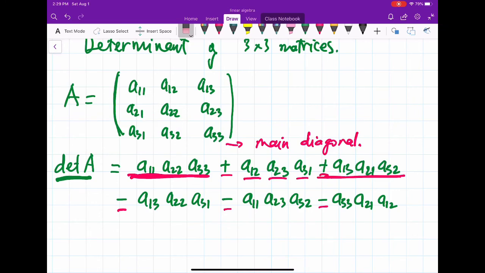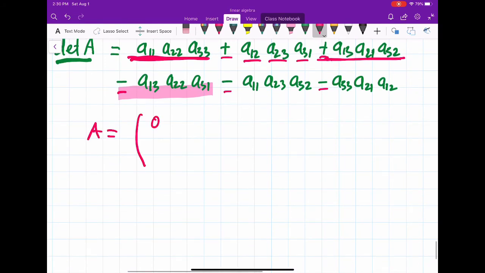You consider almost the same thing: the product of three entries on the other diagonal with the negative sign. And then the parallel one with the negative sign, and the last one is this with this. So if you have 3 by 3, you can use that idea to write 6 terms of the determinant of A. Okay? So let's do that.